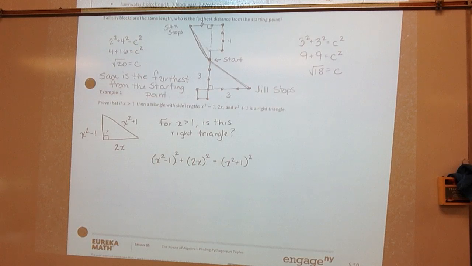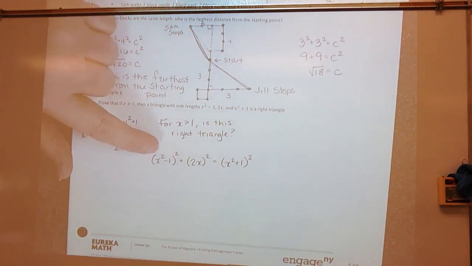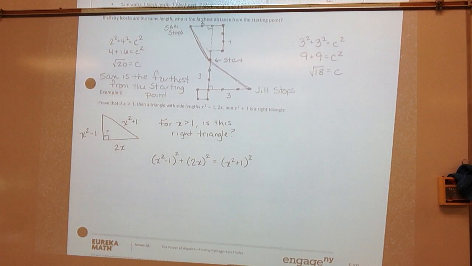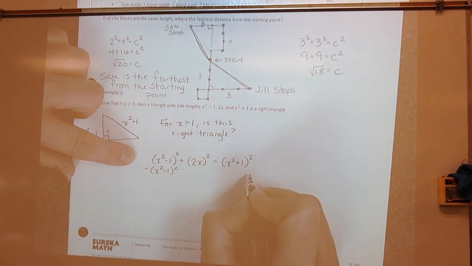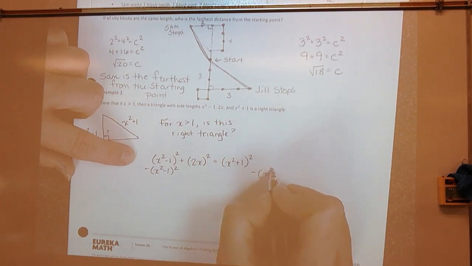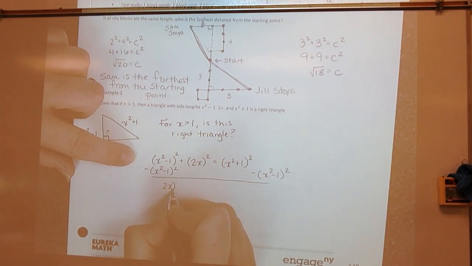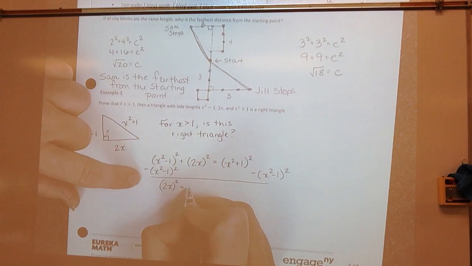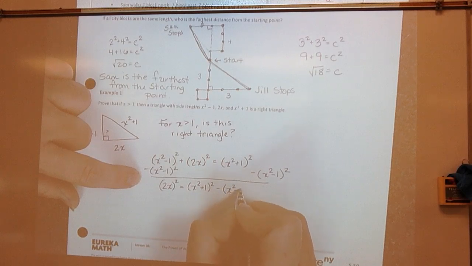The first thing we're going to do is show that 2x squared is equal to x squared plus 1 squared minus x squared minus 1 squared. So I'm going to take this over and subtract it. I want to prove that 2x quantity squared is equal to x squared plus 1 squared minus x squared minus 1 squared.